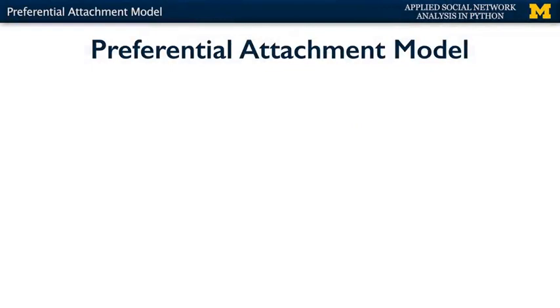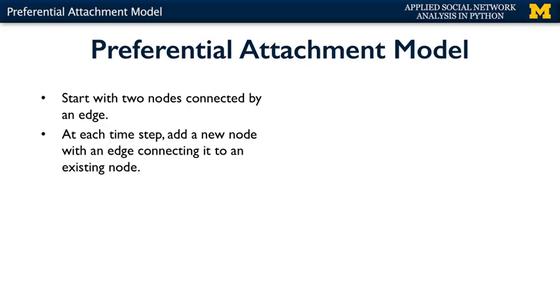Let me tell you how the preferential attachment model works. First, we start with just two nodes that are connected by an edge. Then at each time step, we add a new node, and that new node connects to a single existing node. The special sauce in the model comes when you decide which node to pick out of the existing nodes.